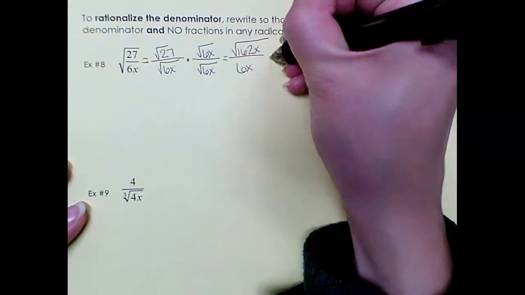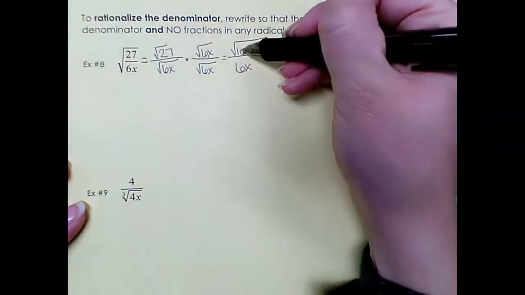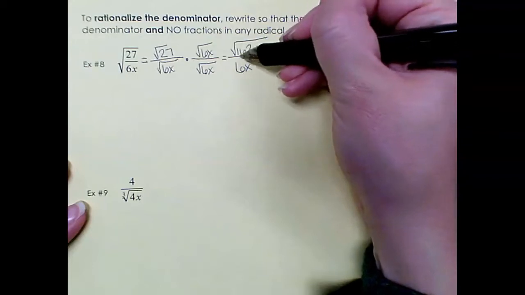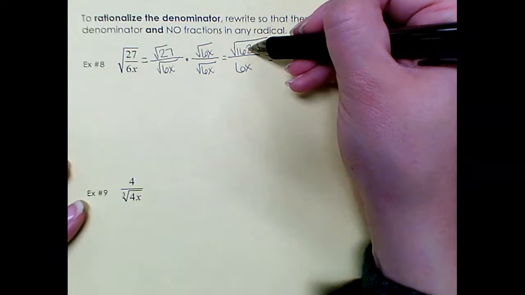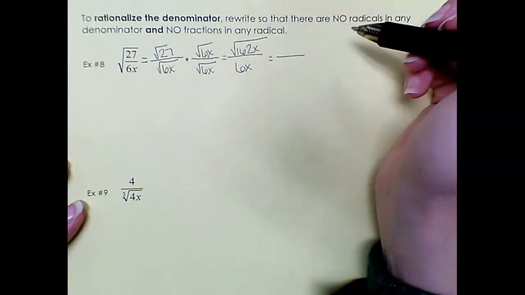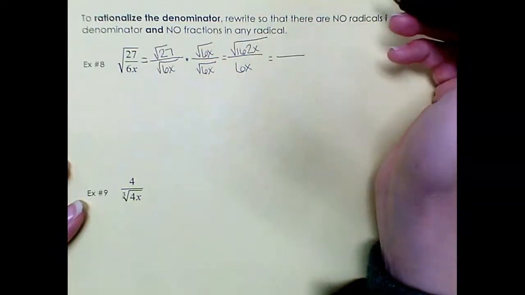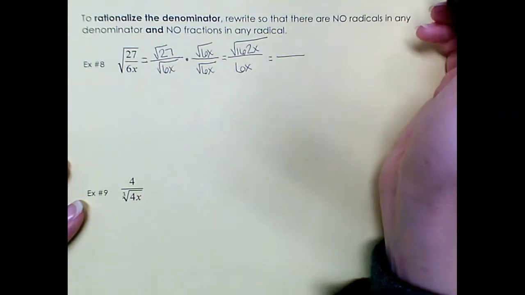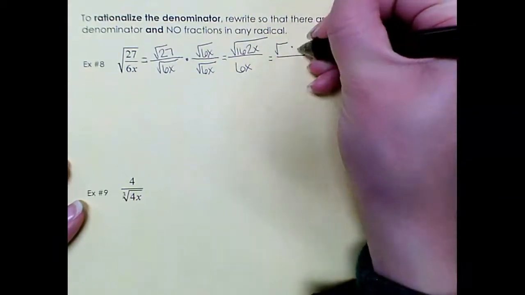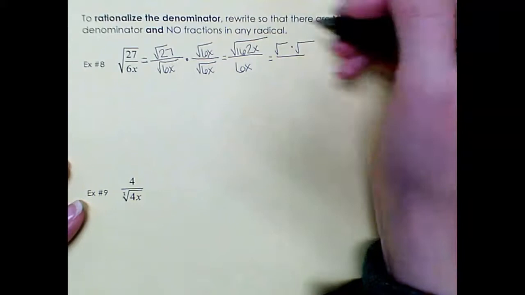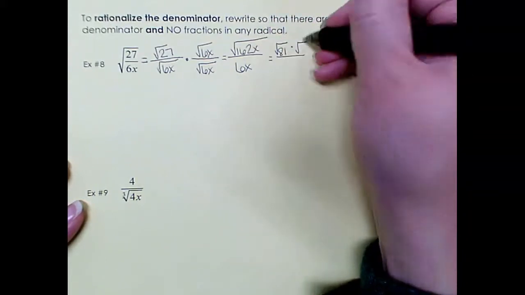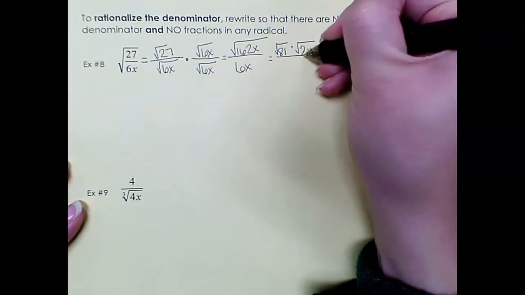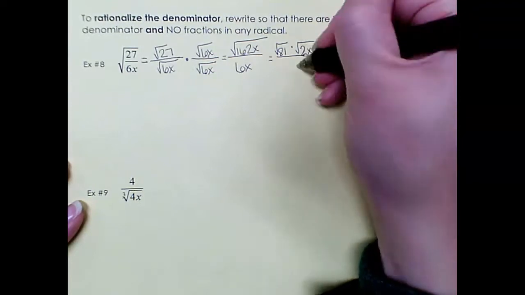And I noticed something. I noticed that 16, kind of the beginning of 162, and 2, if I cut them both in half, I get 81, and that's a perfect square. So I'm actually going to break this up into perfect square and leftovers. 162 is divisible by 81. The leftovers are 2 and the x. And I still have 6x on the bottom.